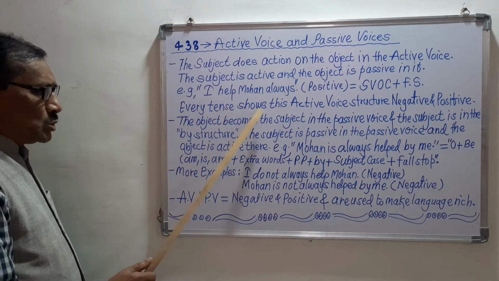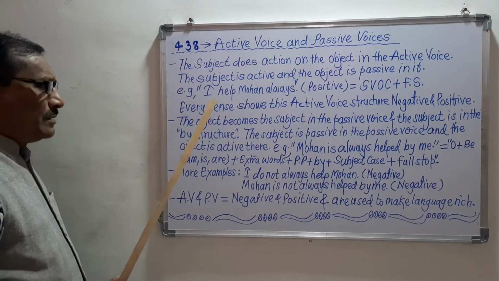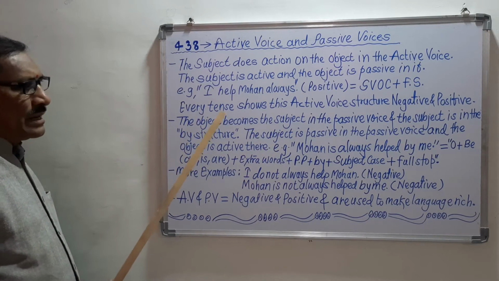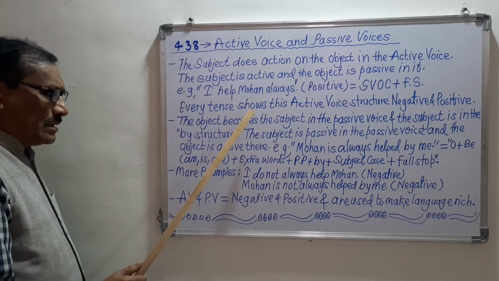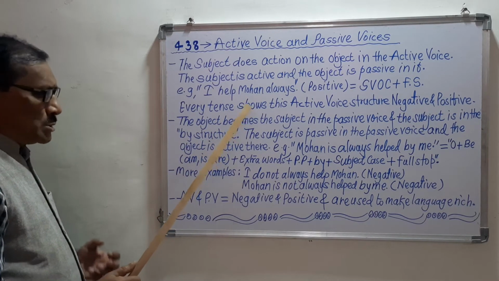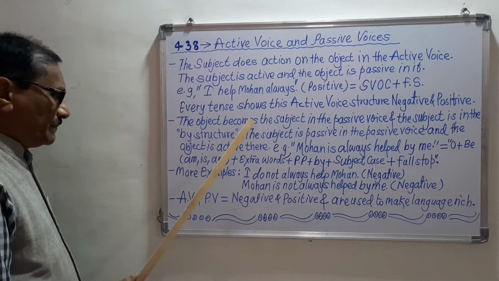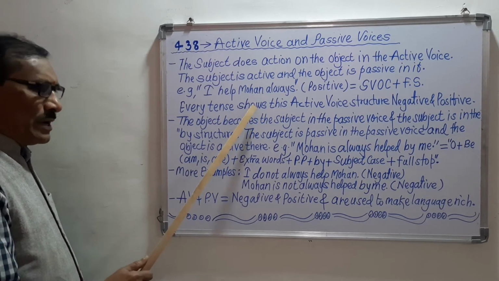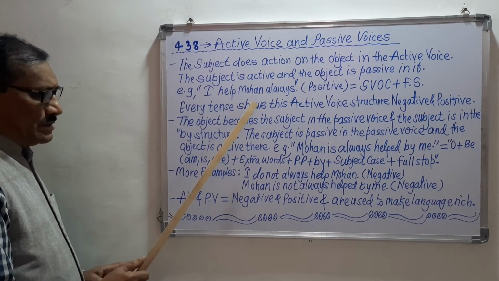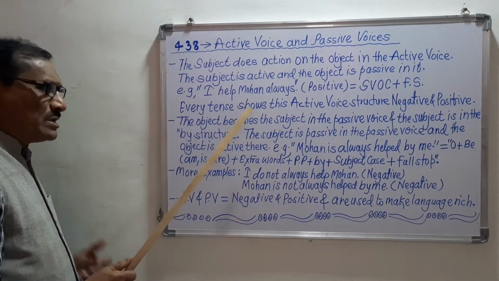Every tense shows this active voice. Remember, there are tenses and there are 12 subtypes of the tenses. In the 12 subtypes, the first sentence, S+V+O+C plus full stop, is the active voice structure of every tense.